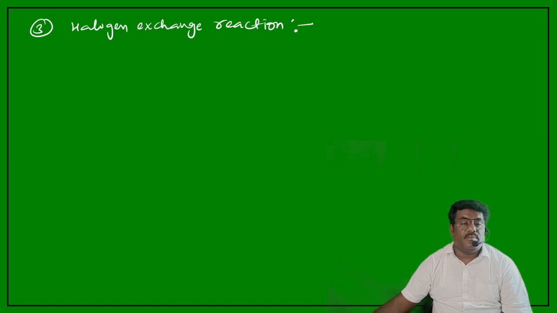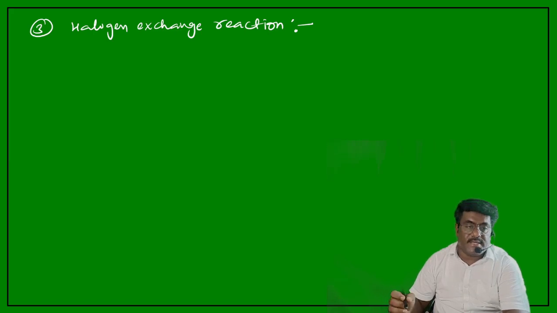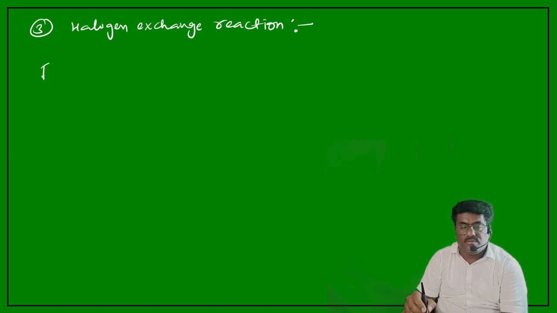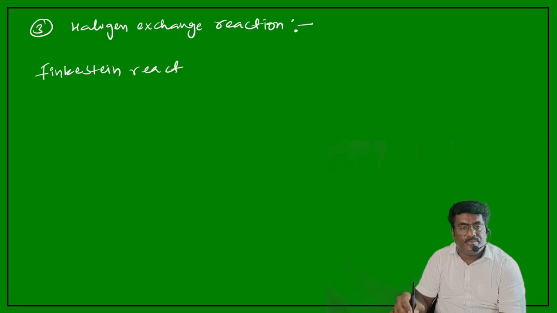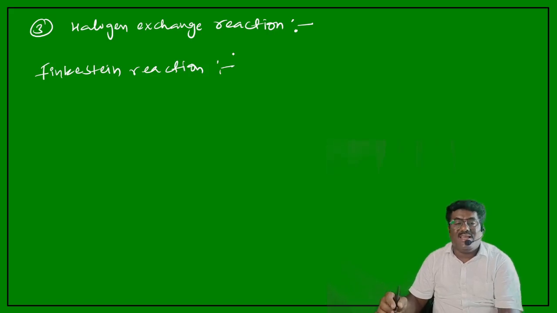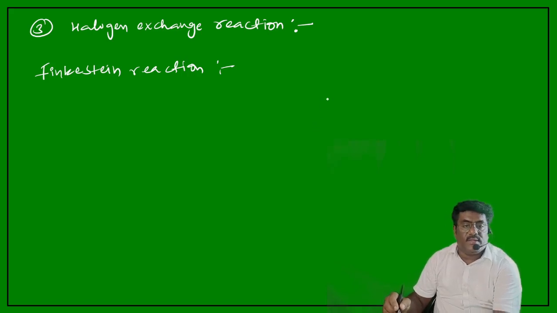Next are the halogen exchange reactions. Halogen exchange reactions are two: the Finkelstein reaction and the Swarts reaction. The first one is the Finkelstein reaction, used to prepare alkyl iodide from alkyl chlorides and alkyl bromides.